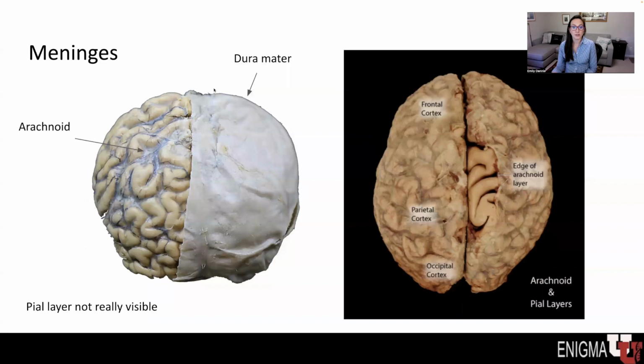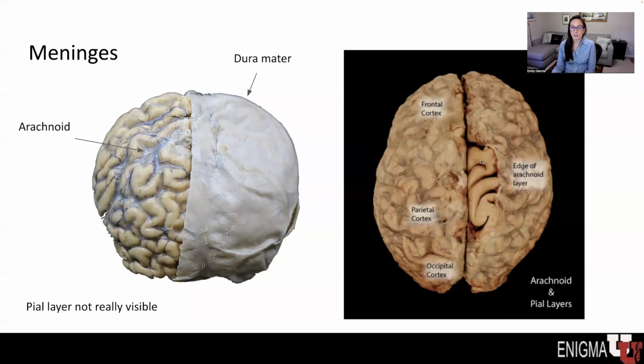So dura mater, you can see here, if you were to do a dissection of the brain, it would be this tough outer tissue. Dura mater means hard mother, so it's the hard protection around the brain. The arachnoid, you can see here, is not quite as hard, more of a matrix that surrounds the brain underneath the dura mater and allows for movement of fluids.